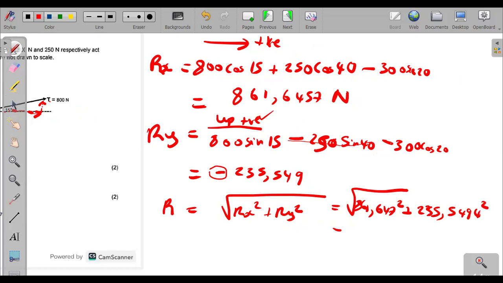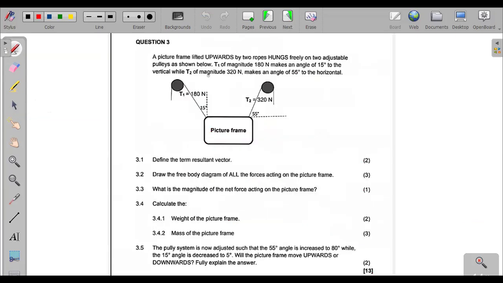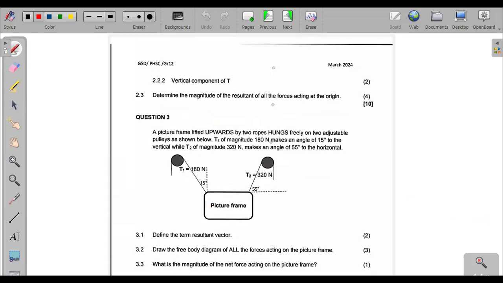That will give us 893.2619, which to two decimal places is 893.26 Newton. This marks the magnitude of our resultant force. The instruction was to calculate the magnitude, and we didn't calculate the direction. So that's 2.3 there.